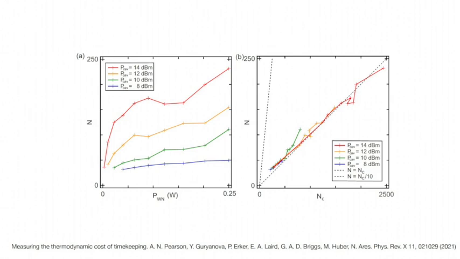But this still agrees very nicely with what we see. And so this is still a story to be continued, and we're still working with Natalia Ares' group and also several other groups.